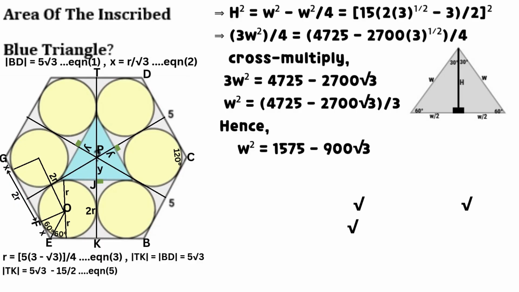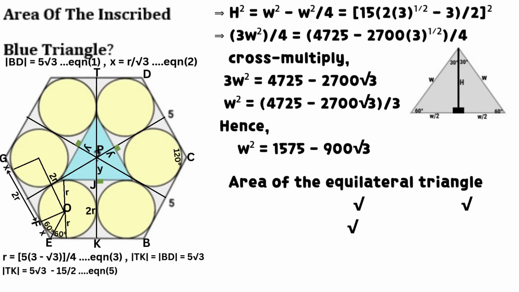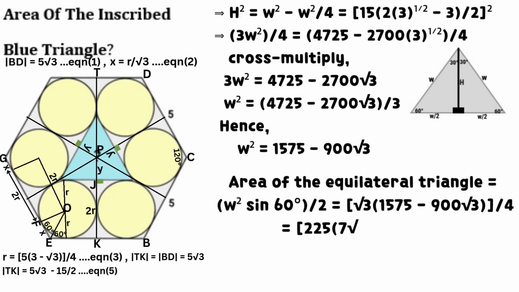Cross multiply. We have that 3 times the square of w equals 4725 minus 2700 times the square root of 3. The square of w equals (4725 minus 2700 times the square root of 3), all divided by 3. Hence, the square of w equals 1575 minus 900 times the square root of 3.